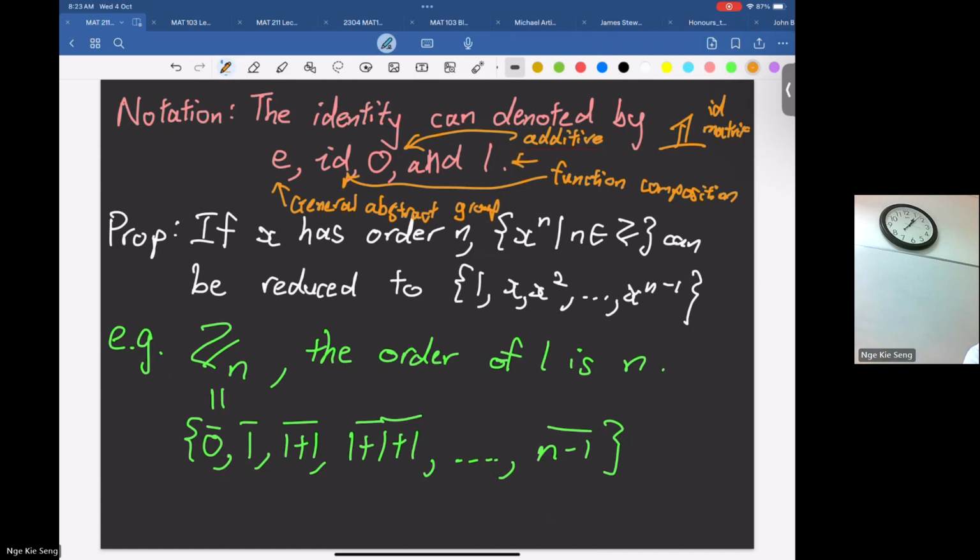So you can see that different notations refer to the same thing, the same thing but incarnated in different ways.